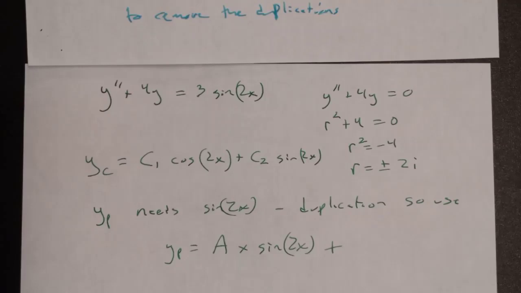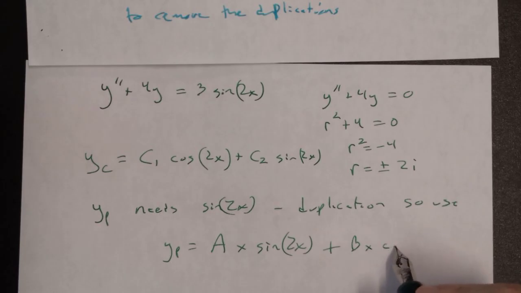Whenever I start taking derivatives of stuff with sines, I'm going to get cosine. But cosine already appears. Nope, because I'm going to get an x.